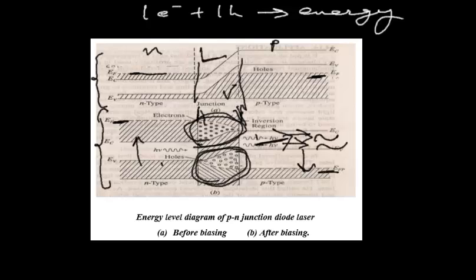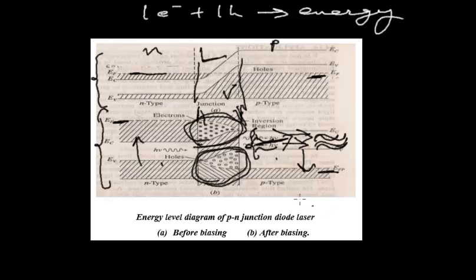That incident photon comes from spontaneous emission, and that photon will trigger stimulated emission. So at the output, for each recombination we'll get two photons, and these two photons will be coherent, in the same phase. So we'll get coherent radiation at the output, and its bandwidth will be very narrow.